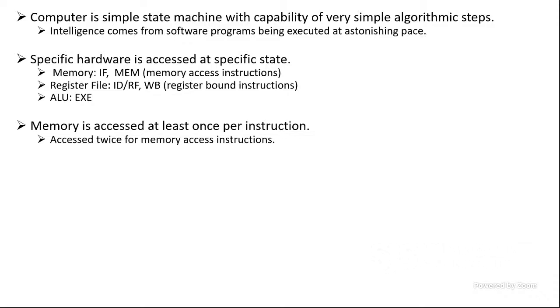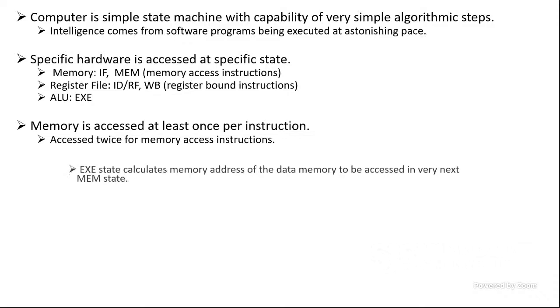But remember, at instruction fetch, we always need to access the memory to get the instruction from the memory, right? So memory is accessed at least once per instruction. Here by instruction, I mean the basic instruction, and it is accessed twice for the memory access instruction. Please keep that phenomenon in mind.